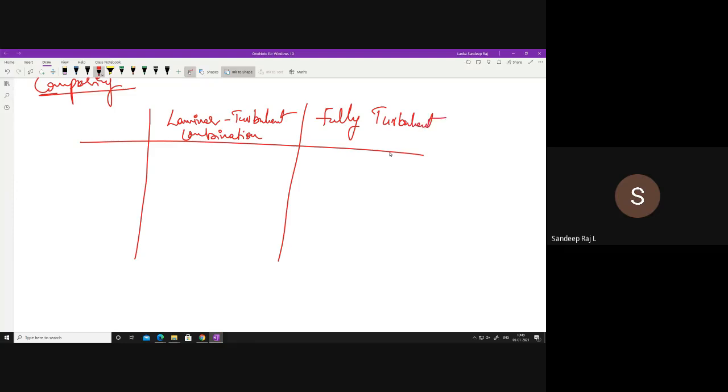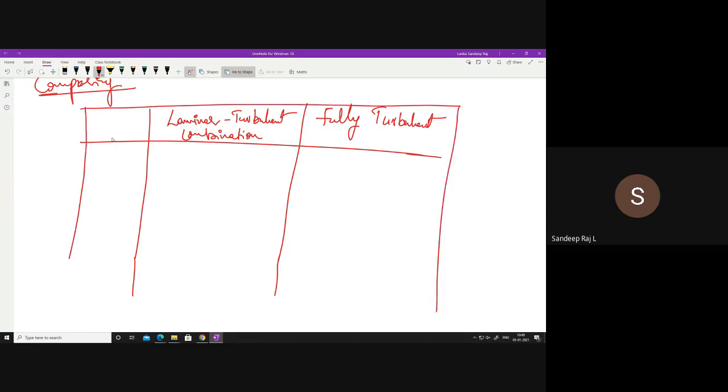Whenever in a question he's asking you to compare, you draw the table. The comparison will be clear to the evaluator. He need not search for comparisons in your answer script. I remind you once more that the evaluators will not be very active. They'll be a bit lazy, so you have to understand that.